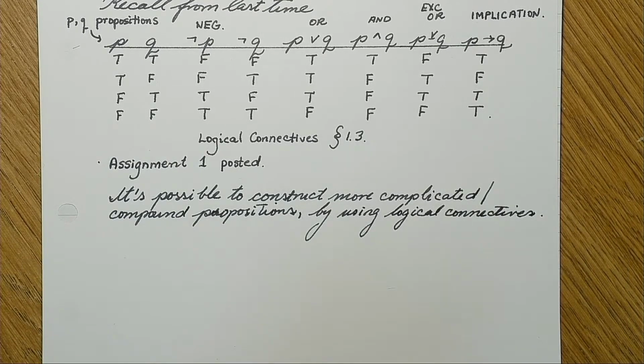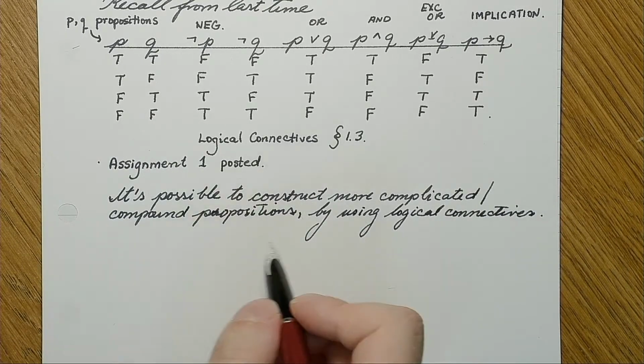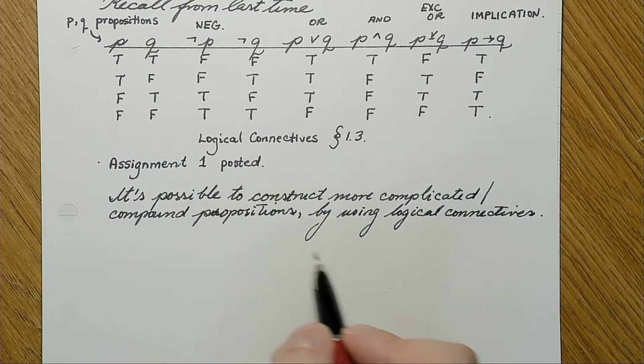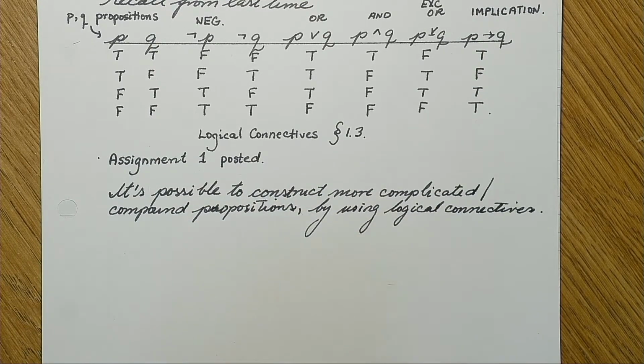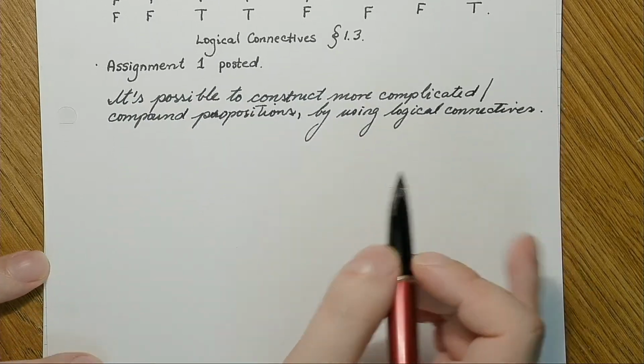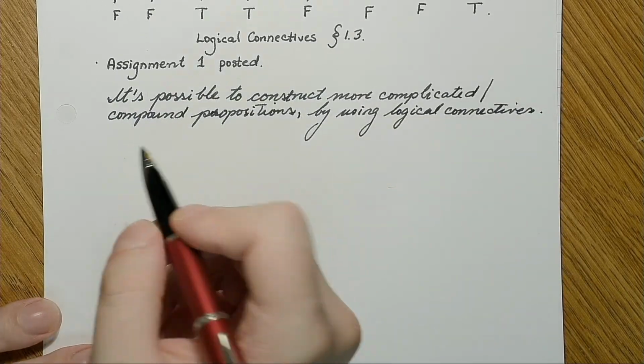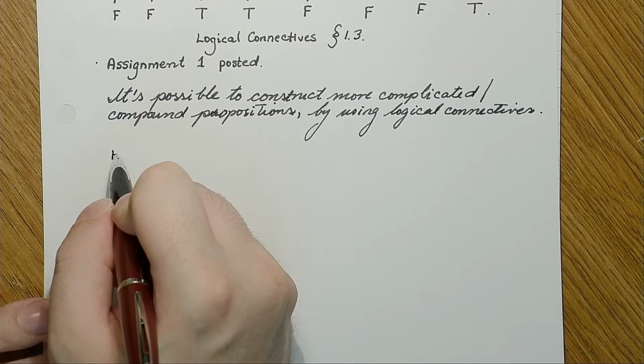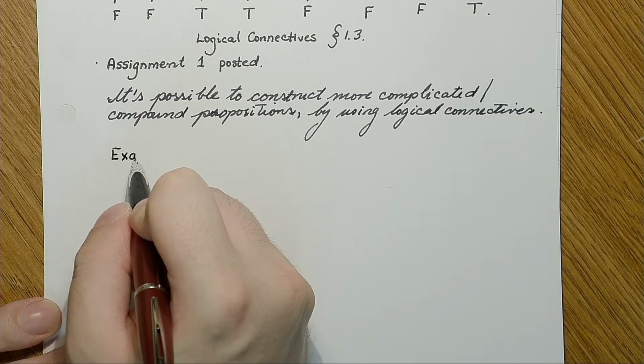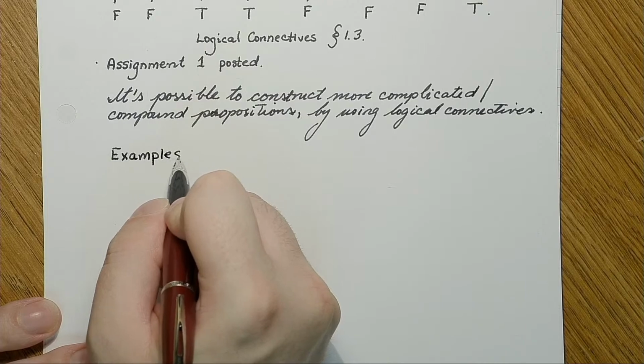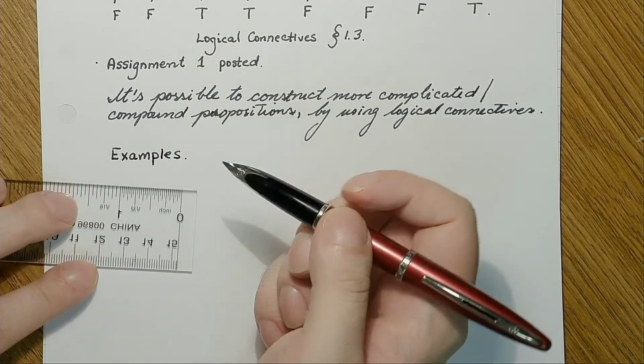And we can also then construct truth tables for these more complicated or compound propositions. So what we're going to be doing is just a whole string of examples to show you.